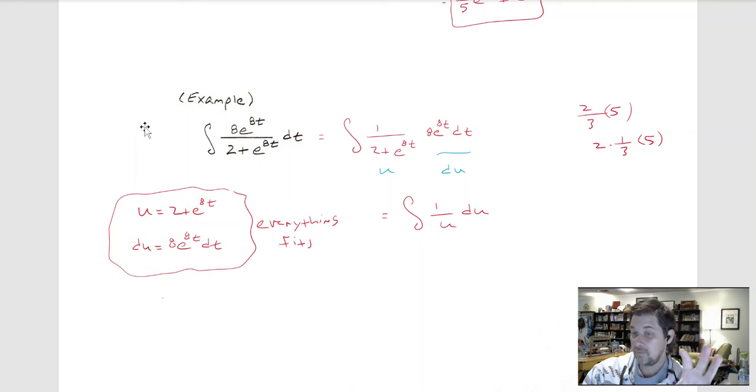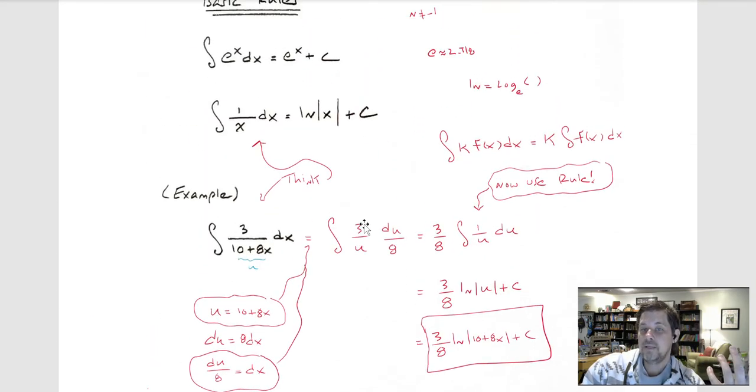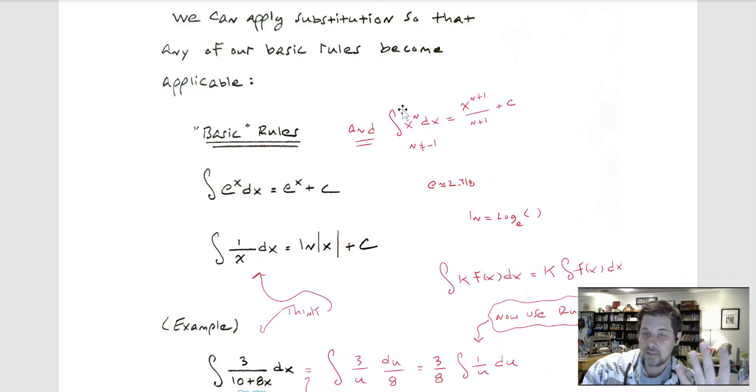Now, is this some basic rule? Remember, I said no matter how you choose to do it, your basic rules have to become applicable. Is one of these now applicable? Do you have x to some power n, as long as that power is not -1? Do you have e to the x power? Do you have 1 over x? We have this last one. We have 1 over u du.